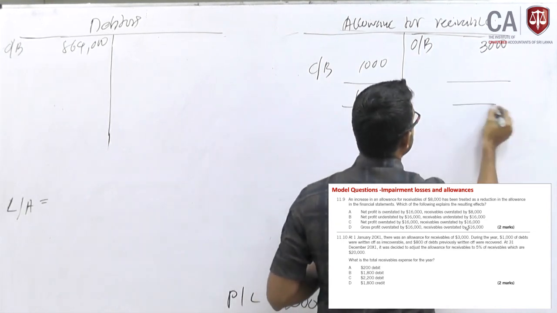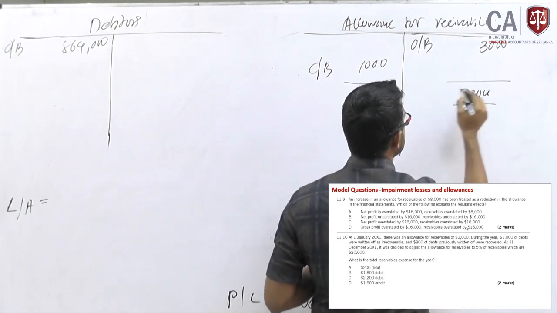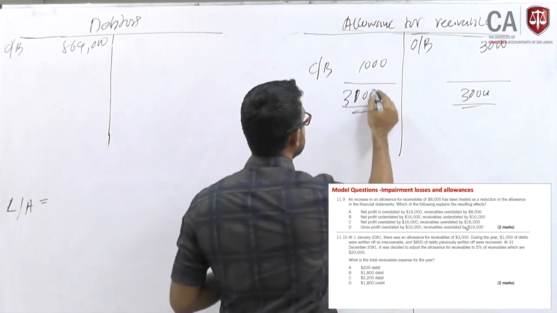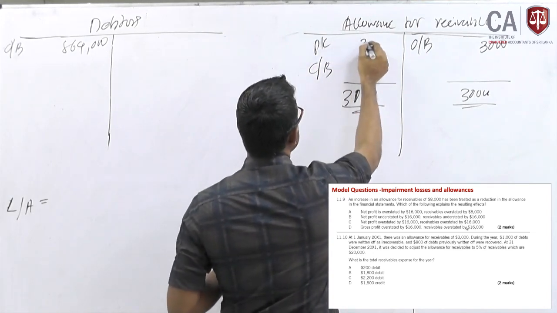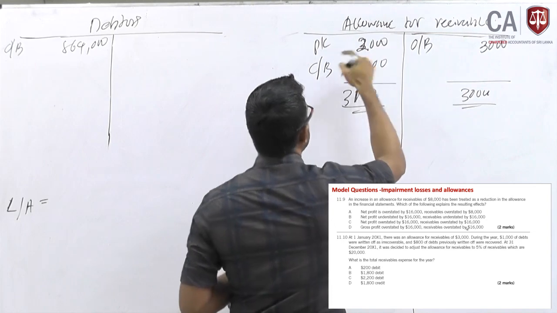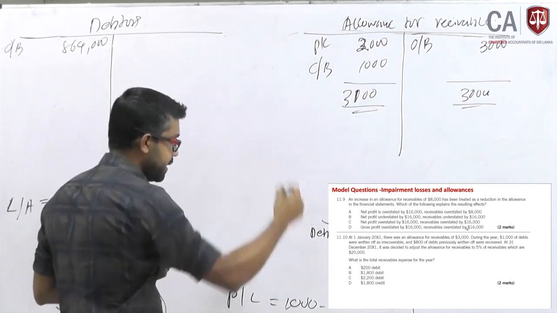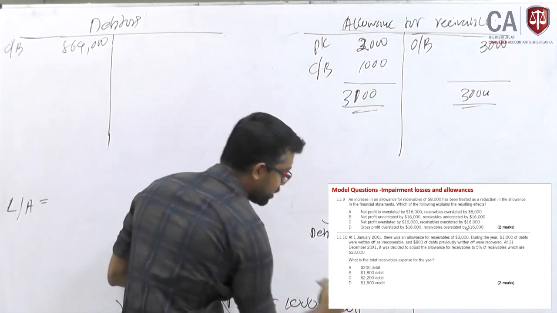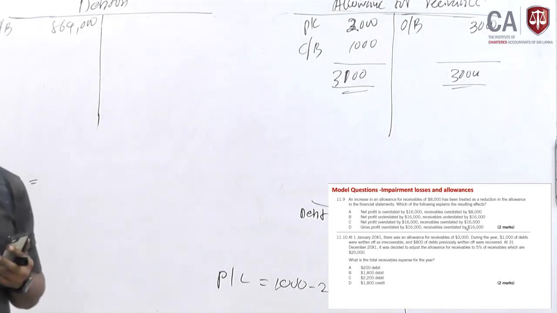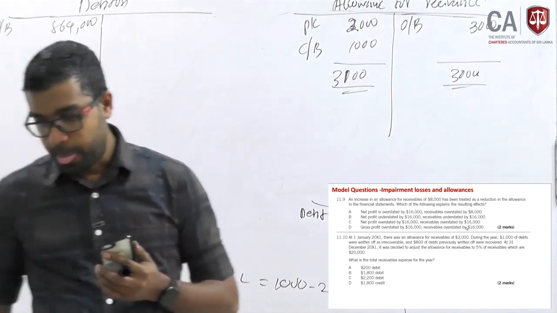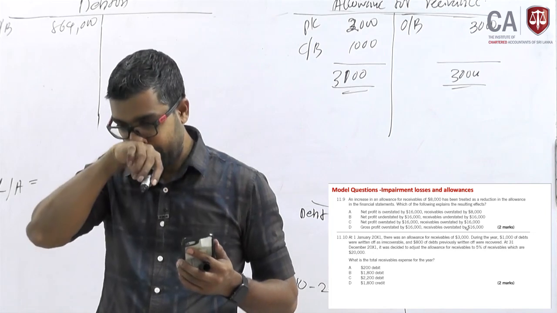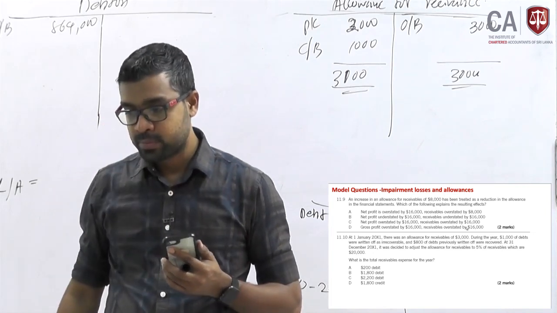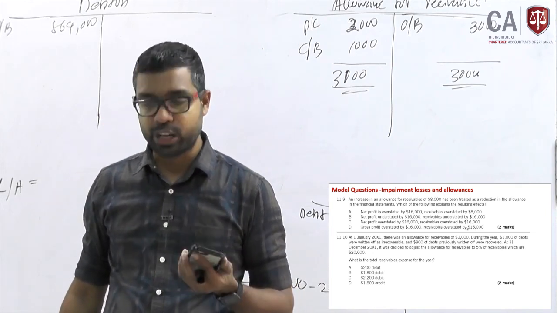Here 3000. Simple question. P&L 2000. Debit here, credit there, minus 2000, which means a gain to P&L, right. Not only that, they have recovered 800 from previous written off debtors.